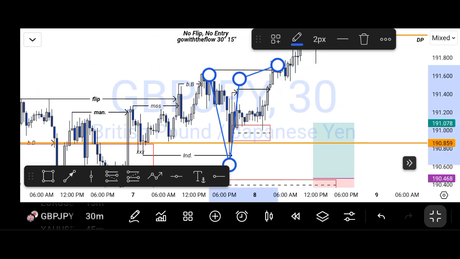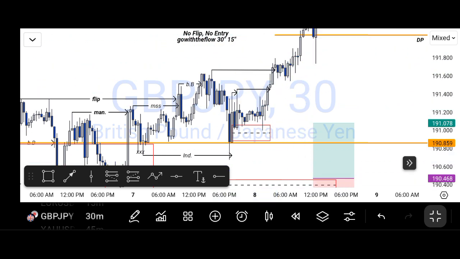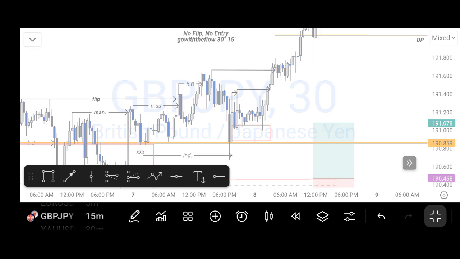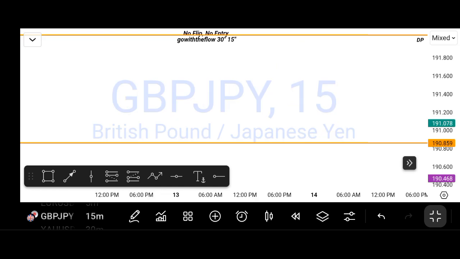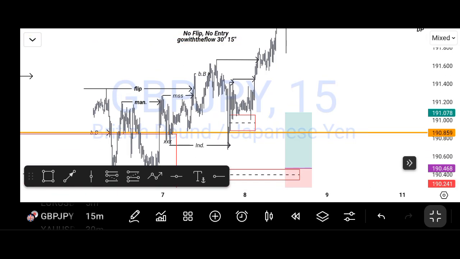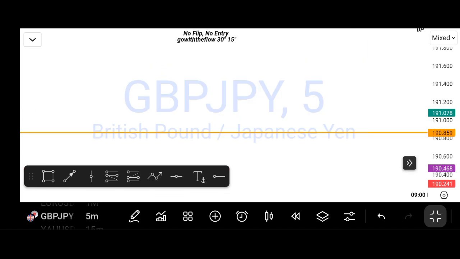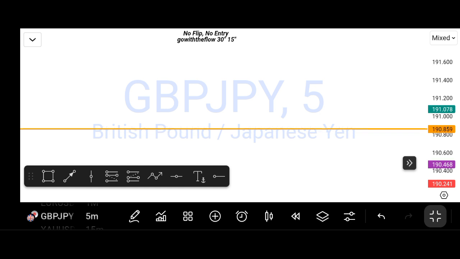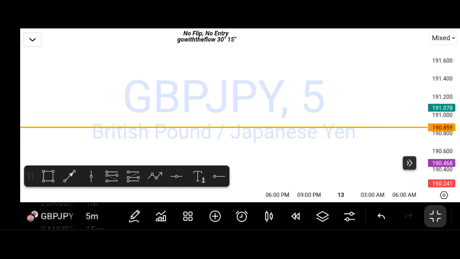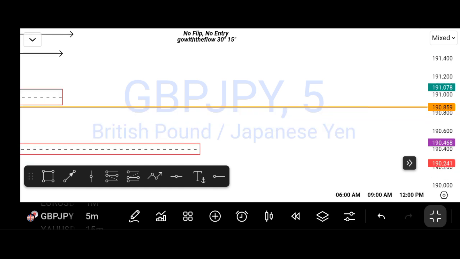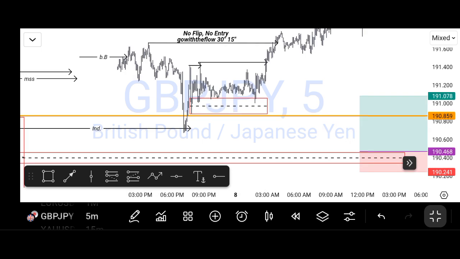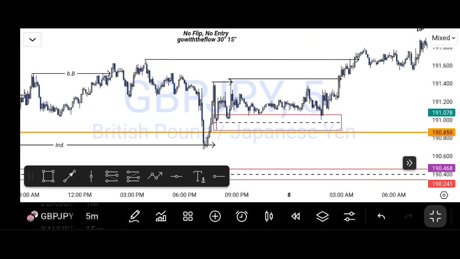But as a smart trader, I just switched to my 15 minutes. I think 15 minutes or 5 minutes. So I switched to my 5 minutes, because after price took out this level, what you should be expecting again is another break of structure.